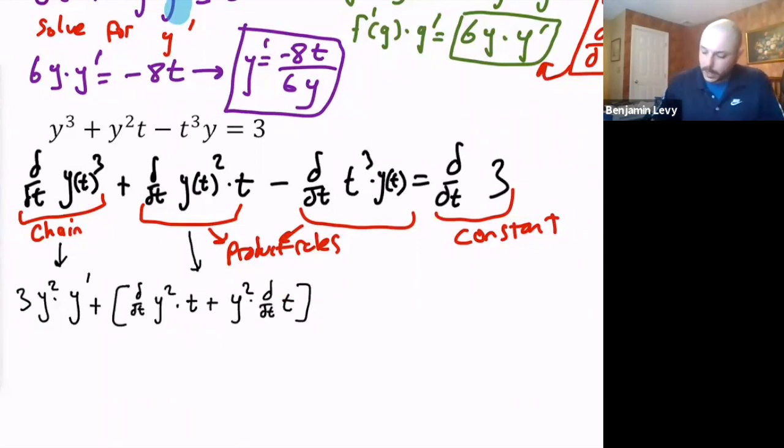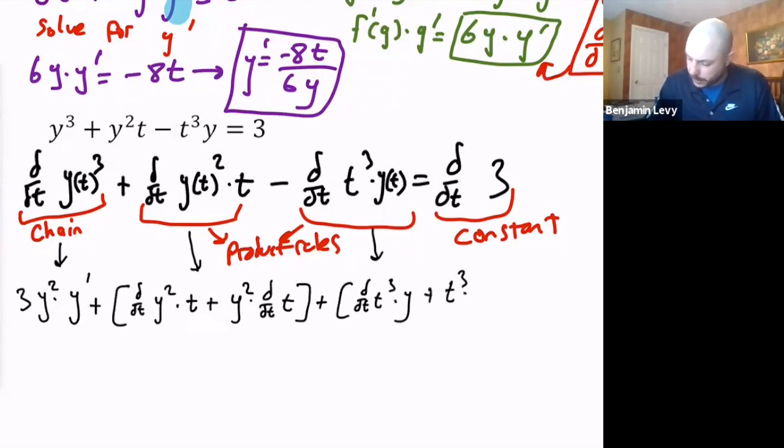And then the second product rule looks like this. f prime g plus f g prime. And then the constant just goes away, right? It just becomes 0.